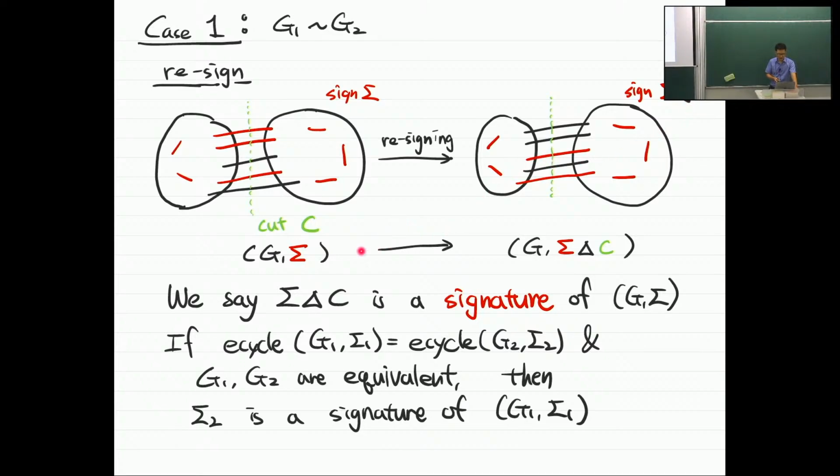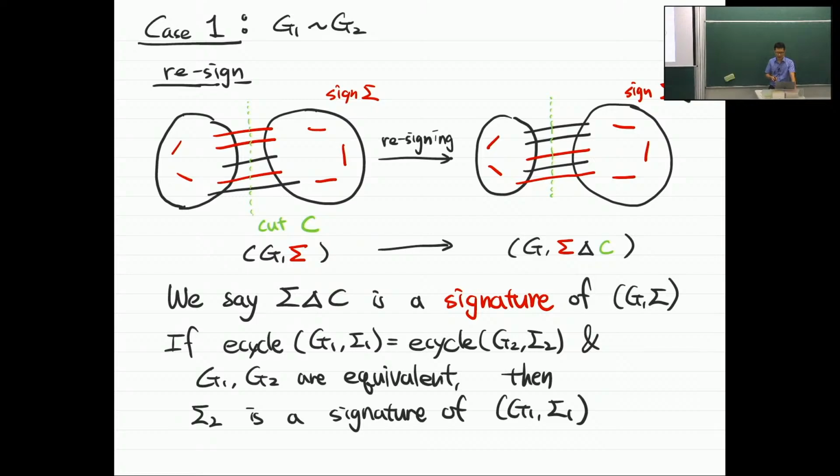Actually, these two signed graphs represent the same Evencycle matroid because, consider any cycle in a graph, every cycle and every cut has an even number of edges as an intersection. So if we resign this cut, then we change the parity of an even number of edges in the cycle.